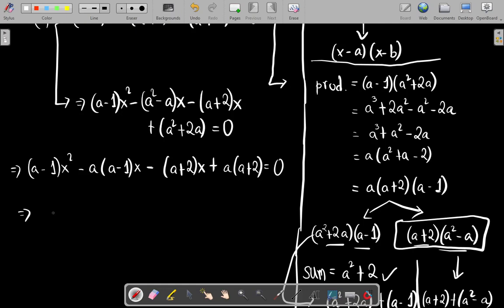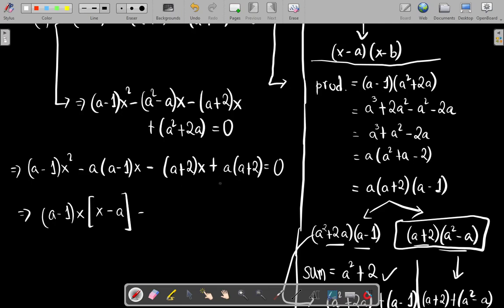Okay, so this further implies, if I take what can be taken common from these two terms, we can take a minus 1 times x. So from the first term, I have x left, and in the second term, a minus 1 is taken, so a is left out.